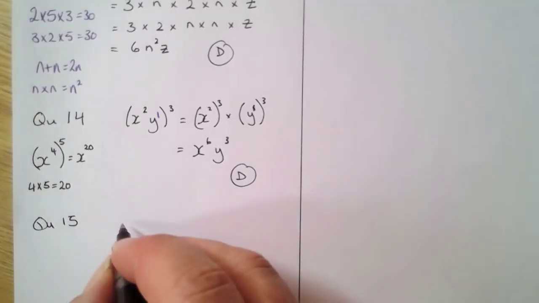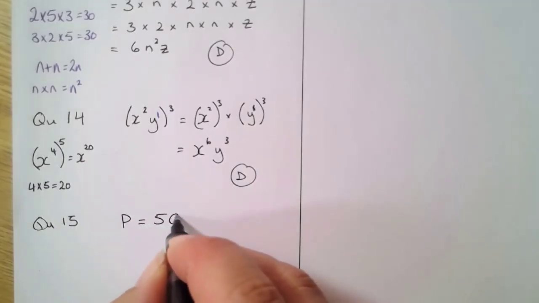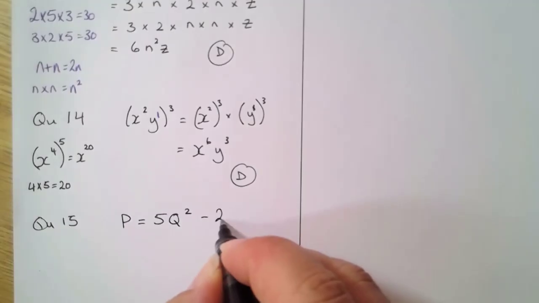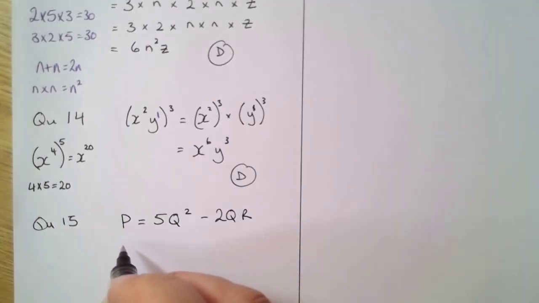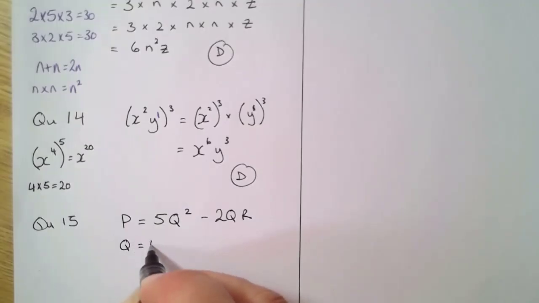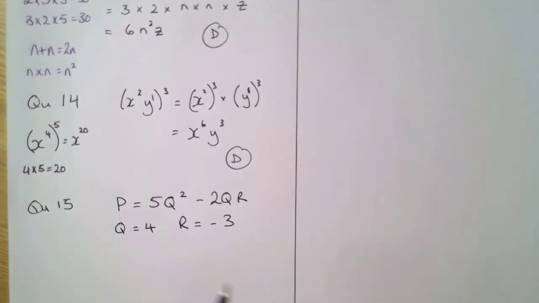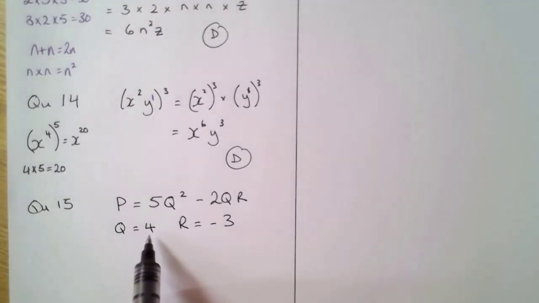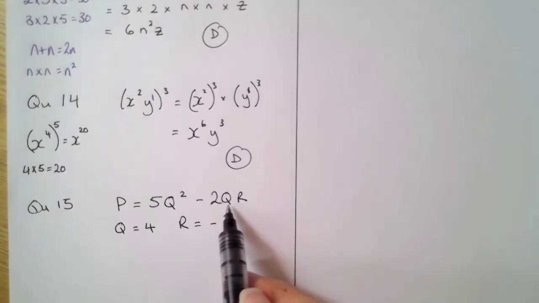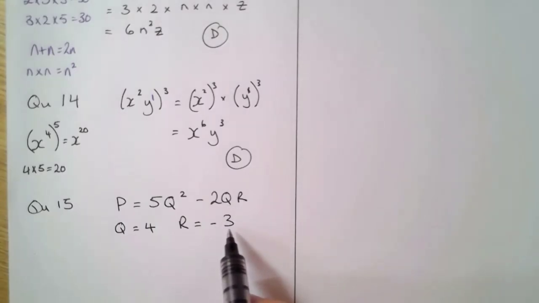Okay, question 15. P equals 5q squared minus 2qr. Now we need to find the value of P when q equals 4 and r equals -3. So we are substituting. Everywhere we see a q, we're going to put a 4. Everywhere we see an r, we're going to put a -3.